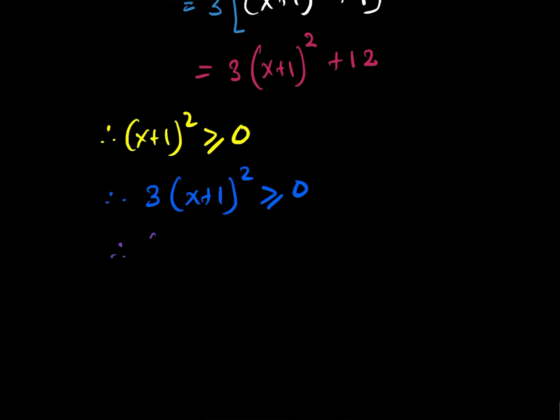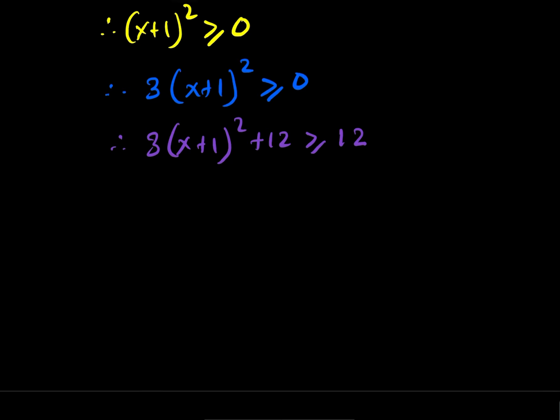So 3 into x plus 1 all squared plus 12 is going to be bigger or equal to 12, on the basis that if x is negative 1, this is going to be 0 plus 12. So I'm going to get a 12. That's why 12 is included in there.